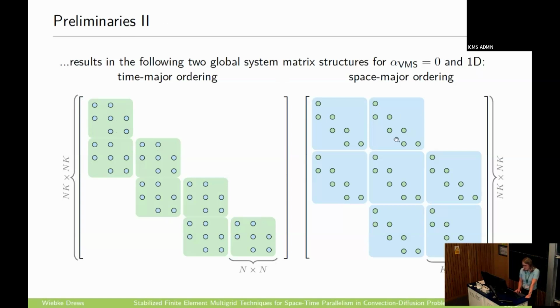On the other side, this is just transformed. So we have this overlaying block tridiagonal structure from our spatial discretization, and we have all spatial nodes over here. So the blocks are not of the same size, but the general system has the same dimensions.